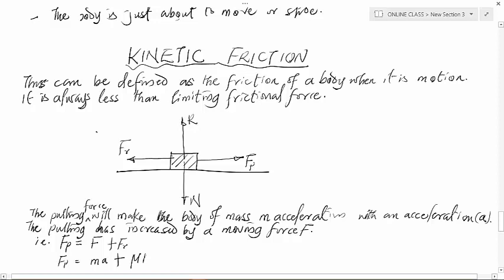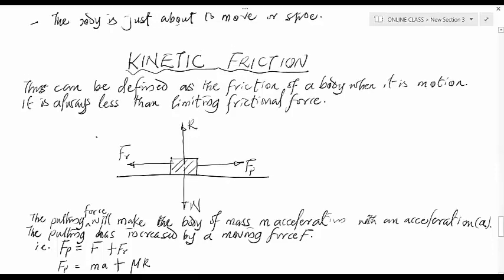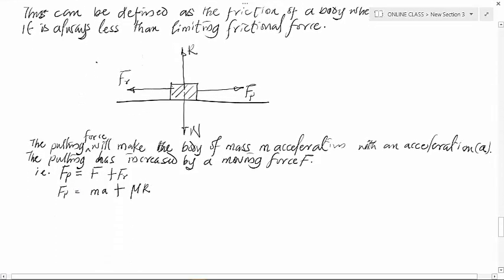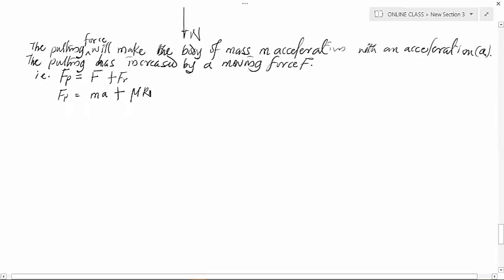Mu R. From this, we can now say that the pulling force has increased. So the meaning is that the pulling force cannot pull it unless it adds the moving force to it. That is why it is now moving. But don't forget, P will now give you MA plus mu mg. And that is the equation you must note at this point when it is moving.